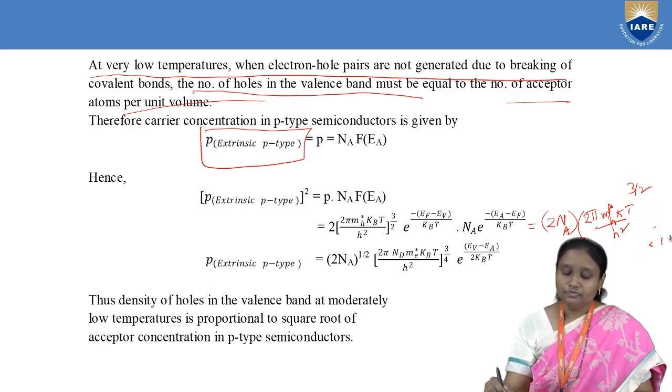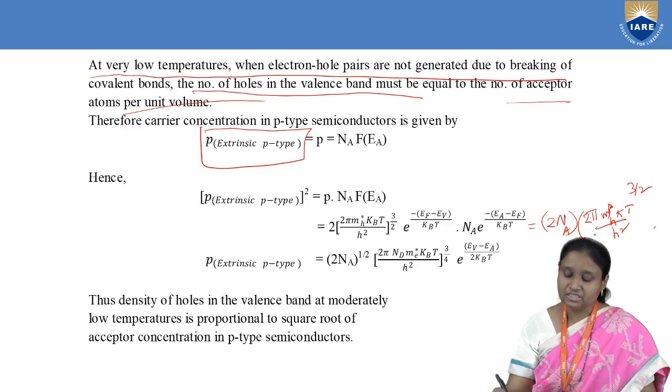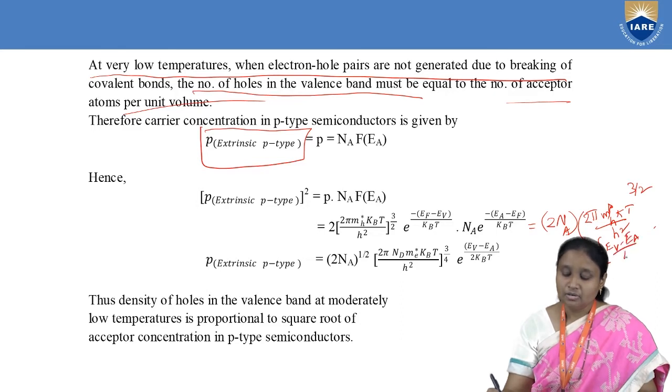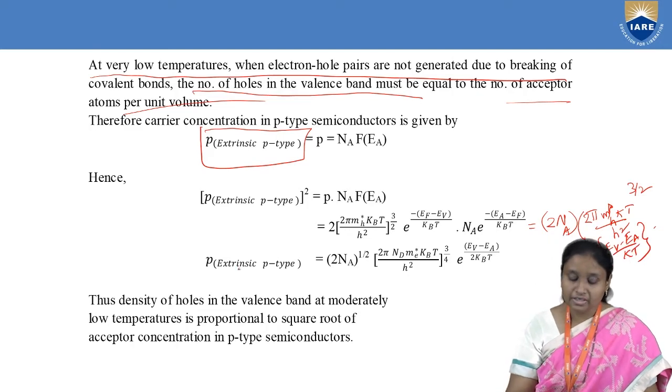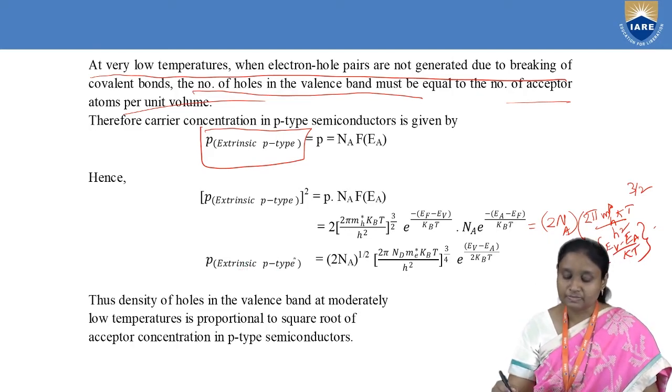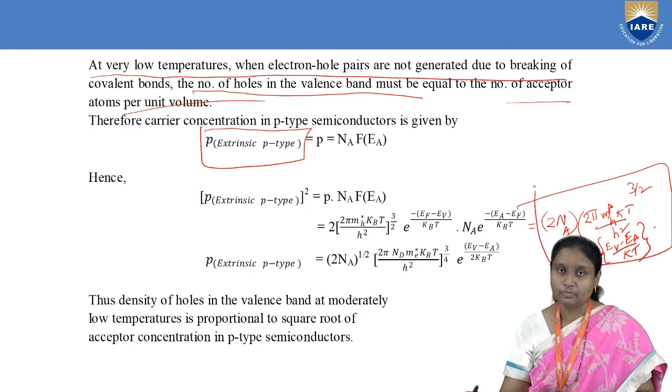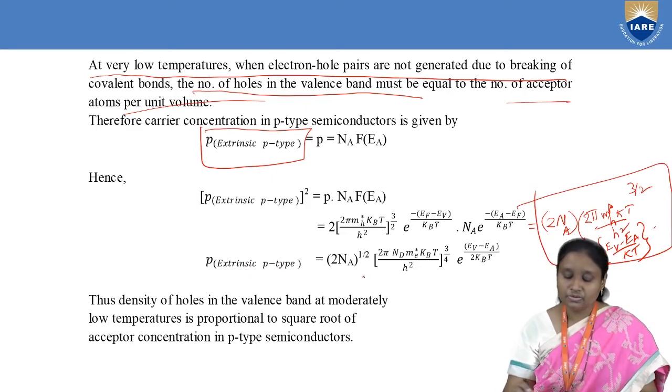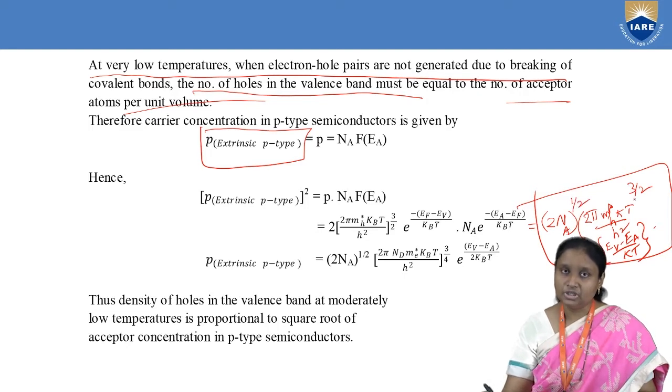So when we multiply both these expressions, we end up with this expression. But here we have taken the square, so to get the carrier concentration in p-type, we have to take the square root. Then we have (2Na) whole to the power of half, and 3 by 2 into half becomes 3 by 4, and the exponential becomes EV minus EA by 2 kBT.